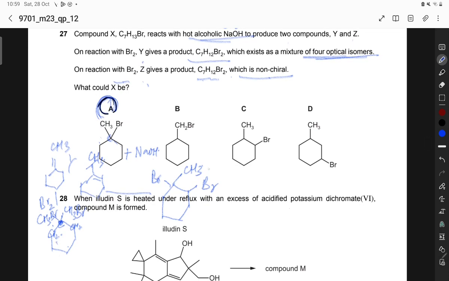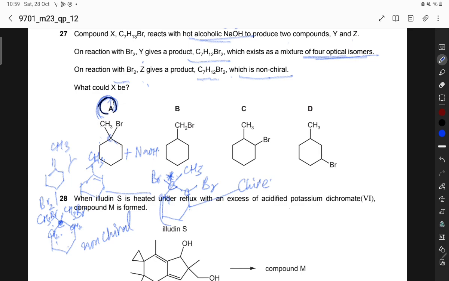This carbon is CH3, and counting the carbons 1, 2, 3, 1, 2, 3, 4, this is a chiral carbon. Z gives non-chiral product, and this is a chiral product.